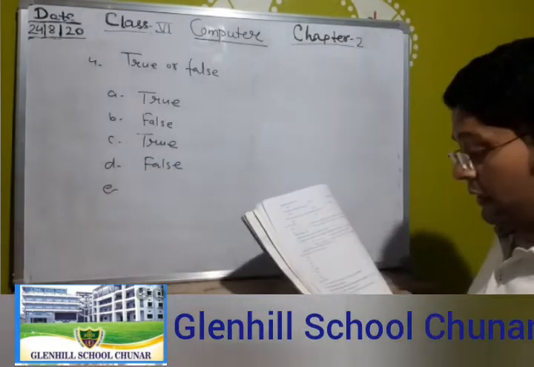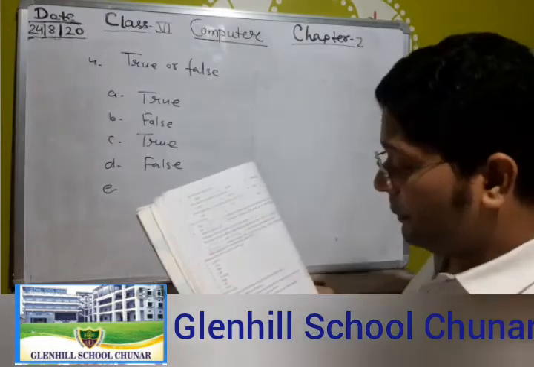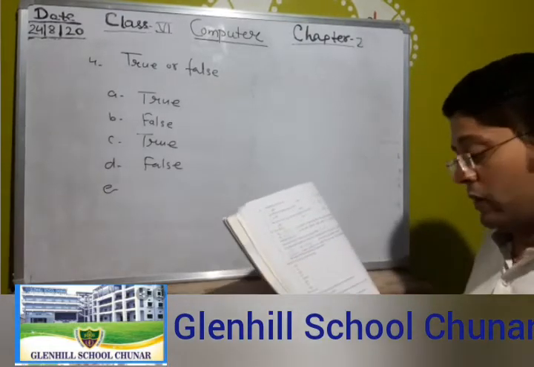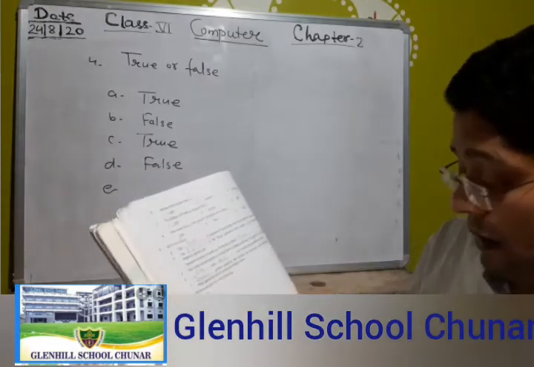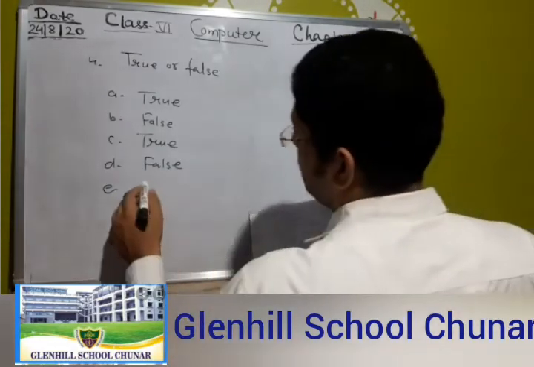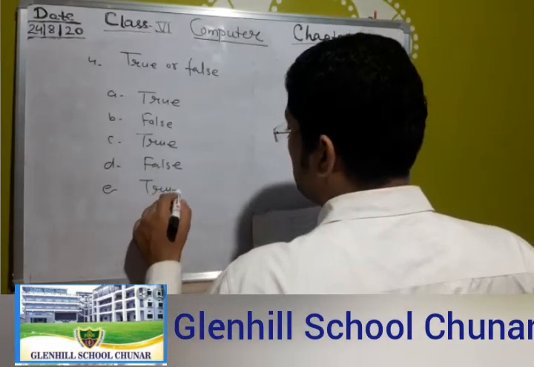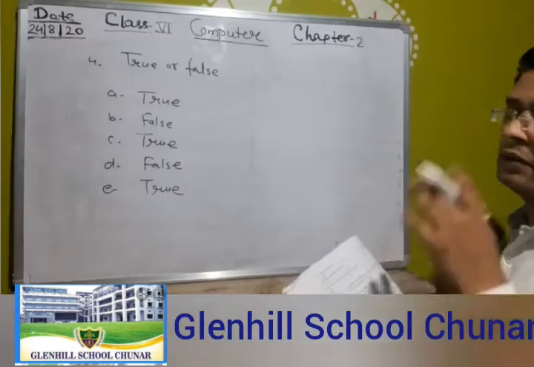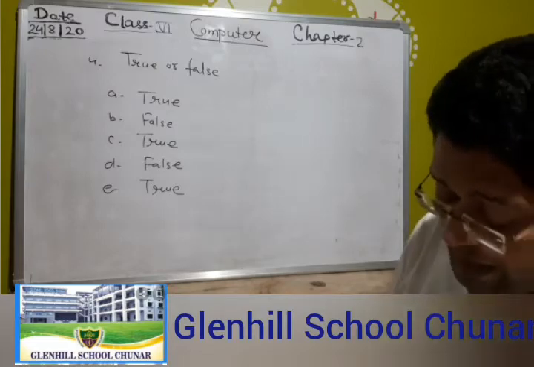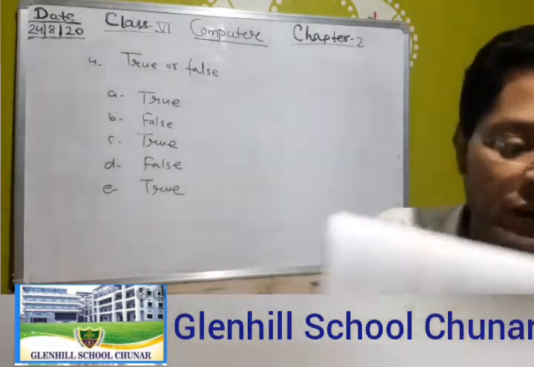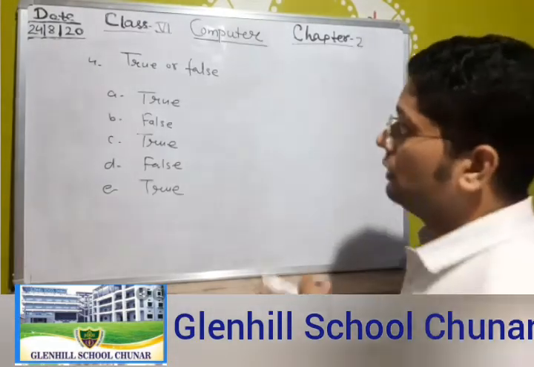And last, E, a mouse helps you to operate the computer by clicking on pictures instead of typing commands. So yes, that's true. So that's your complete true or false. And next, match the following. Okay student, yes.